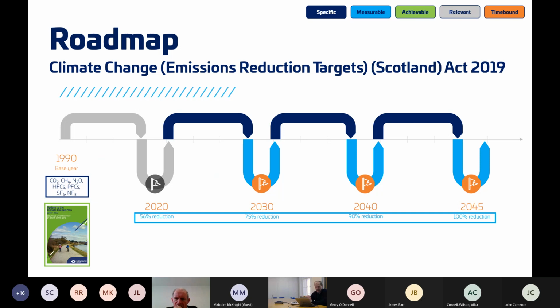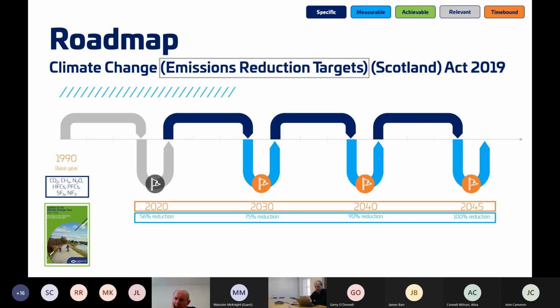The reason for that is likely that between 2032 and 2045, if nothing happens, they'll stop using the carrot and use the stick of taxonomy reporting, etc. It is relevant, as it's about an emission reduction target, and it is time bound: you can see 2020, 2030, 2040, 2045. So that's the Scottish government roadmap.